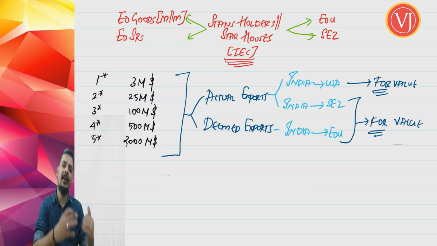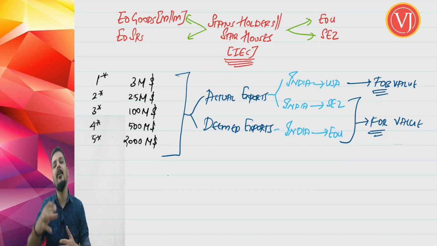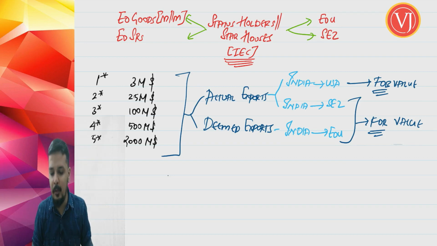FOB value is ex-factory price plus local freights and taxes plus loading charges and handling charges when the goods are loaded and handled at the port or airport. That is FOB value. Here, when you are talking about deemed exports and your special economic zone, the goods are not going outside India, therefore the focus is on FOR value. So that, friends, you have to remember.